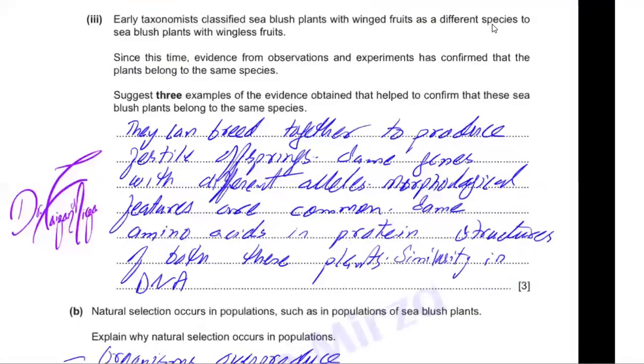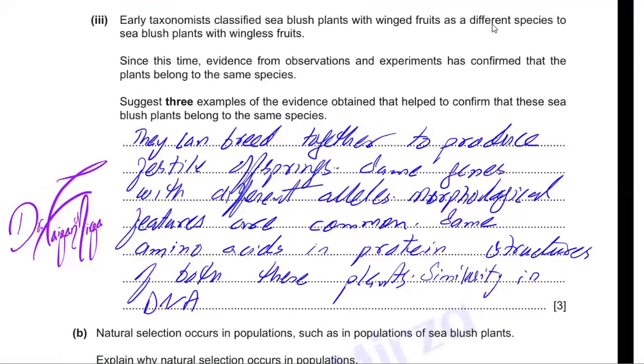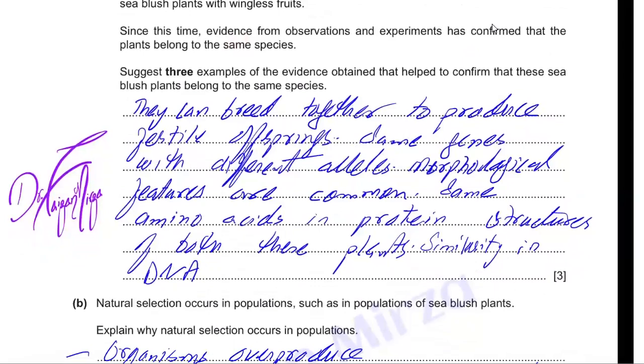Early taxonomists classified the plant with winged fruit as a different species to the sea blush plant with wingless fruit. Since this time, evidence from observation and experiment has confirmed that the plants belong to the same species. So there are three examples of evidence obtained that help them to confirm that these plants belong to the same species. How were they able to confirm that they actually are the same species?